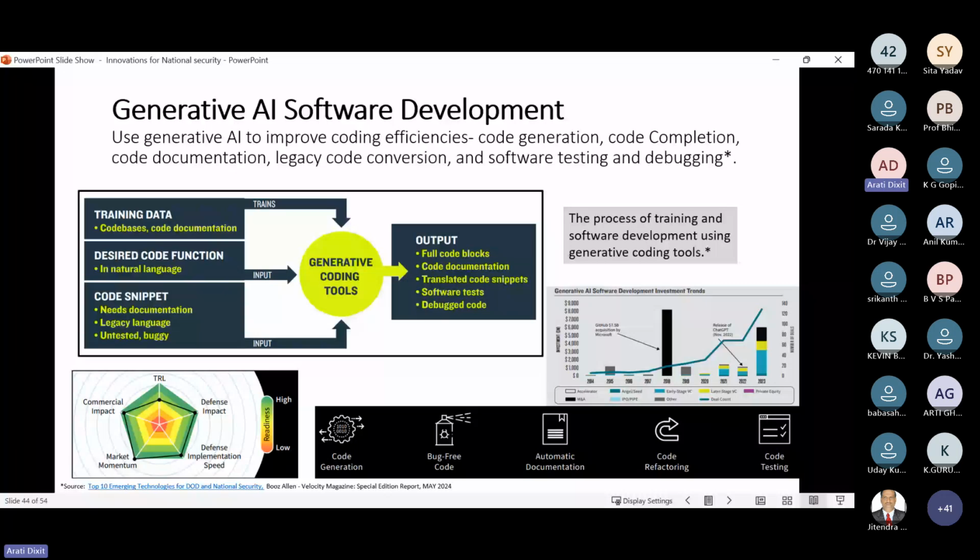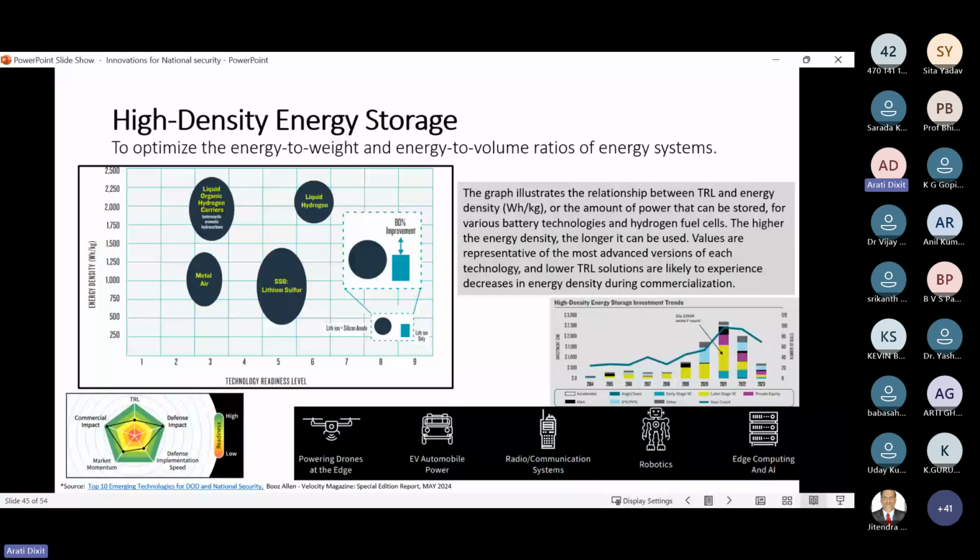Then the next technology is high density energy storage. In this, the aim of this technology is to optimize the energy to weight and energy to volume ratios of energy systems.